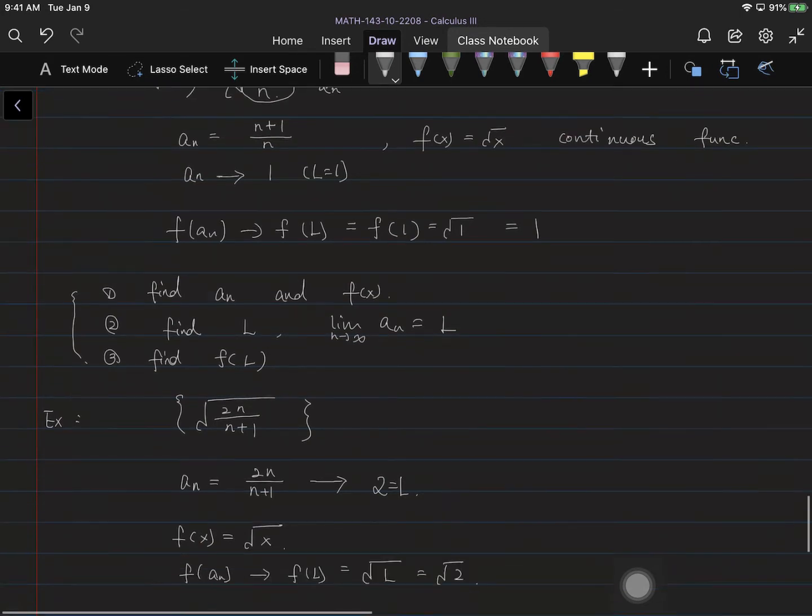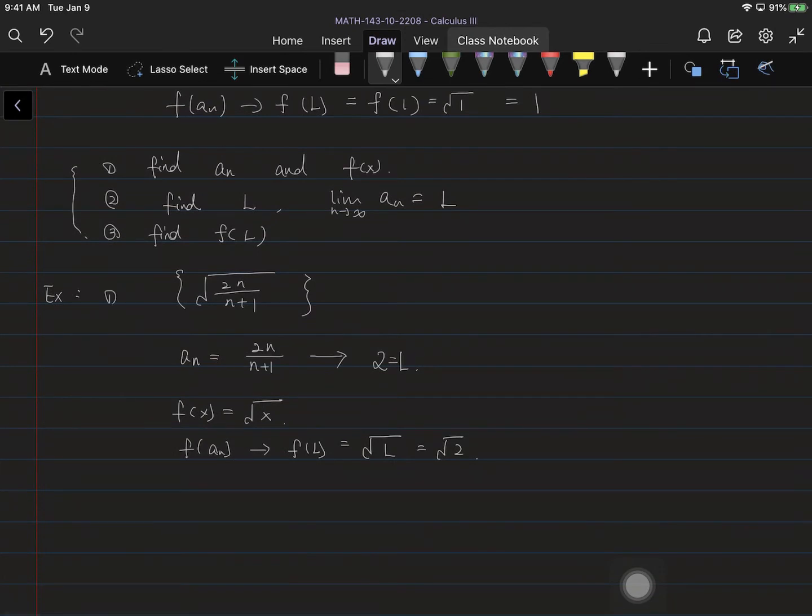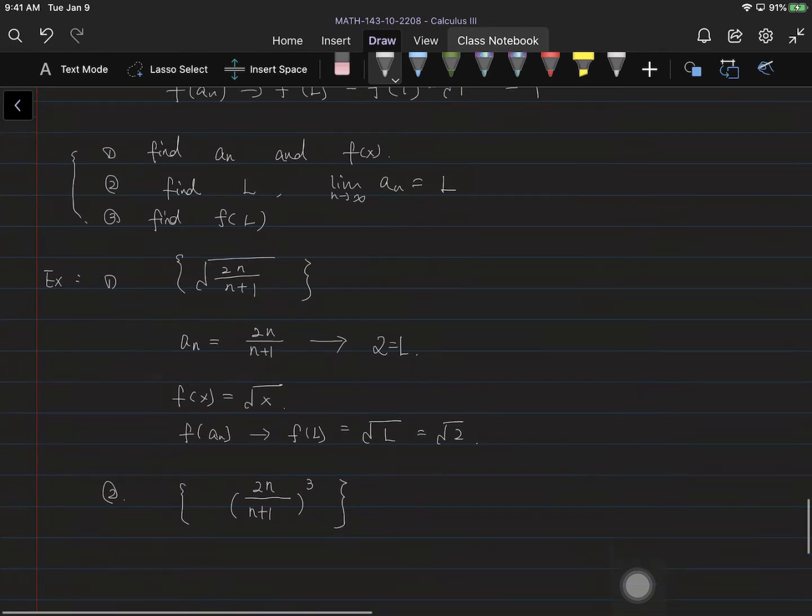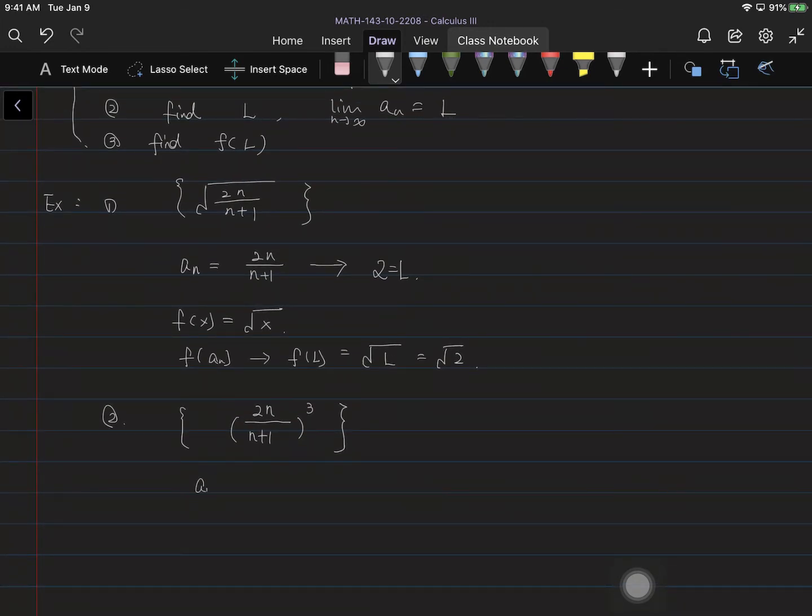But if I give you a similar thing, for example, this sequence, 2n over n plus 1, to the cube power. So you know what a_n is, right? a_n is still this one. And what is f(x) now? x cubed.